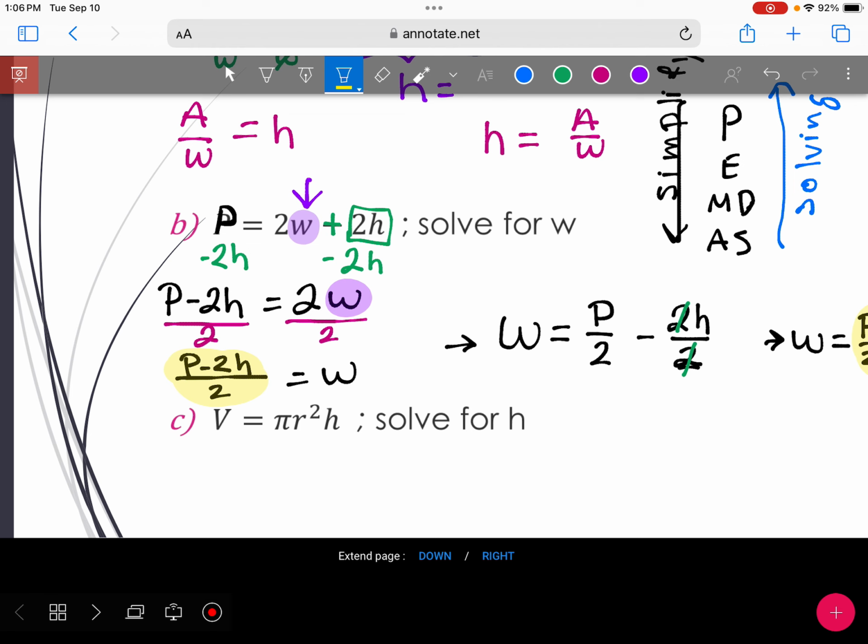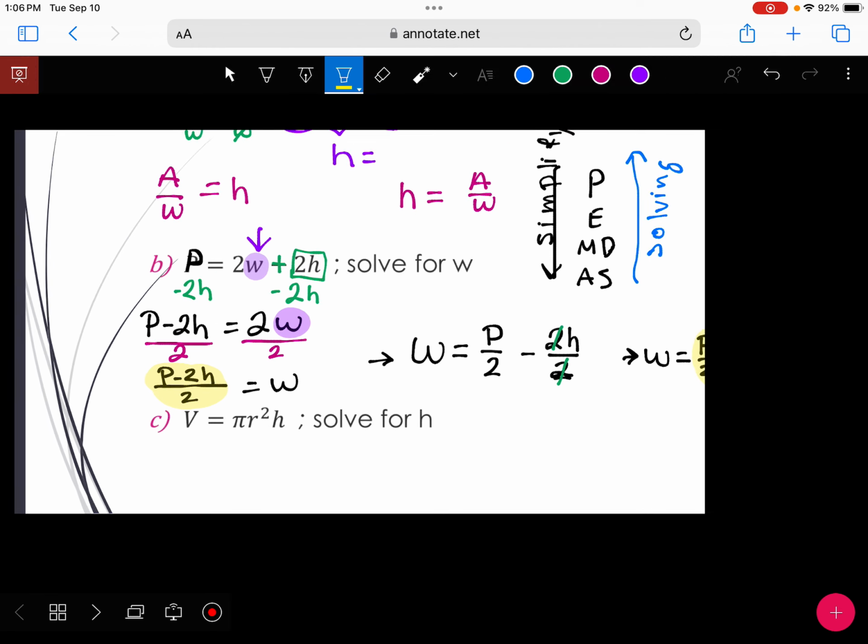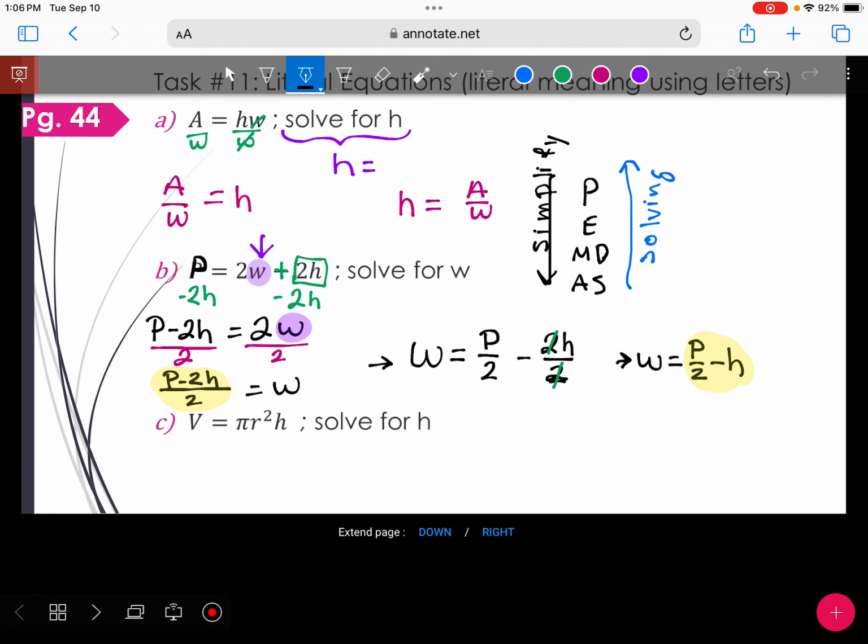Let's look at C. We're trying to solve for h on C. So solve for h means I want to have an h equals. So what do we need to do?